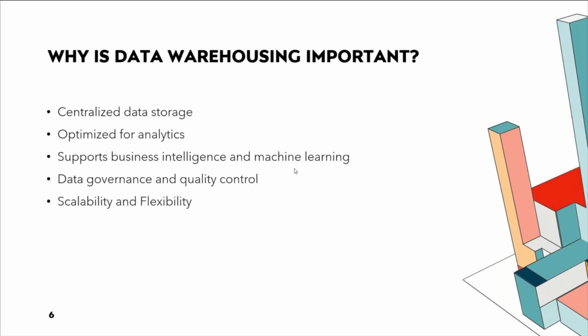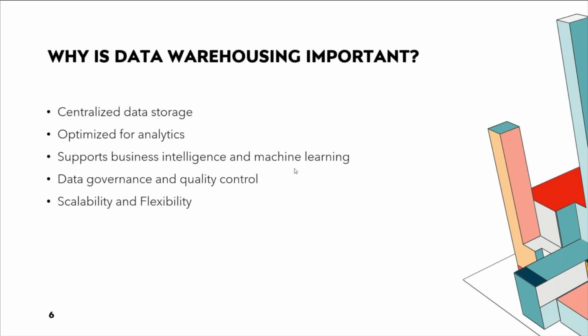Data warehousing supports business intelligence and machine learning. So as we go through the presentation and learn a little bit about Databricks Lakehouse, we'll see where at different times warehousing is used for both BI and ML at different stages, and especially in today's climate where more and more ML is coming into play for a variety of use cases, it's important to understand how often it really is used.